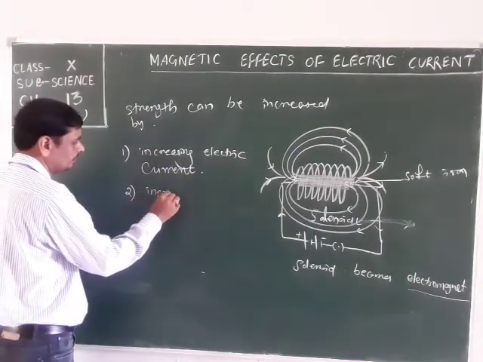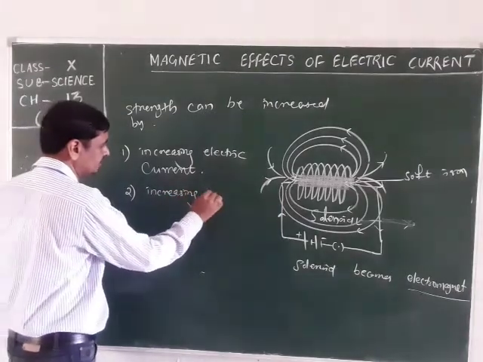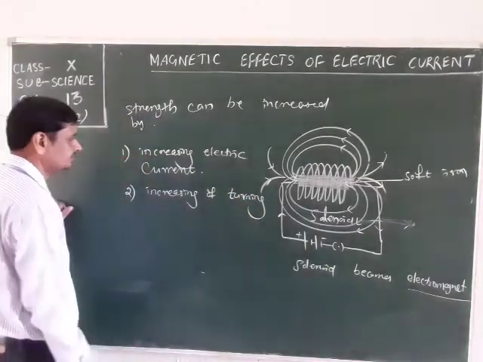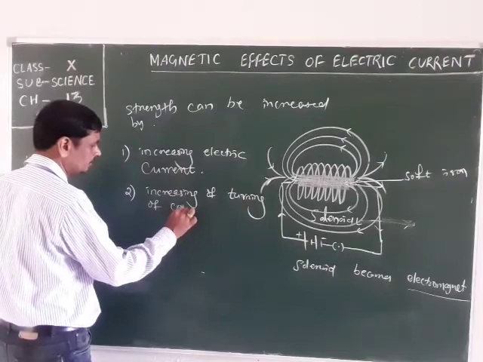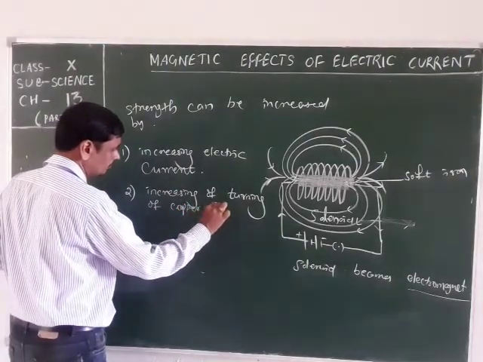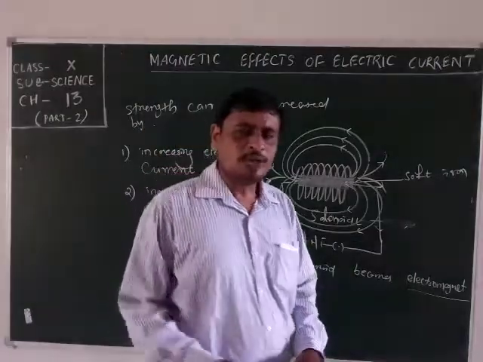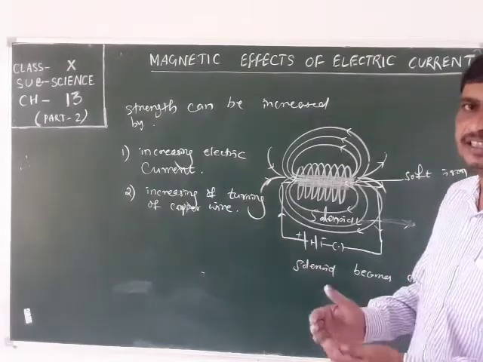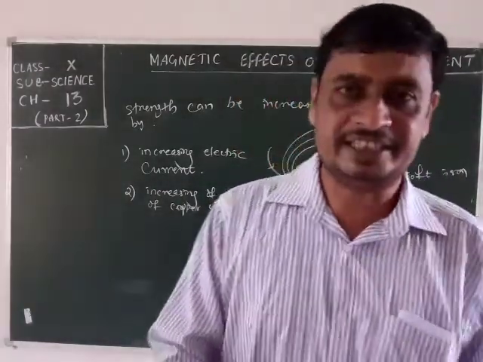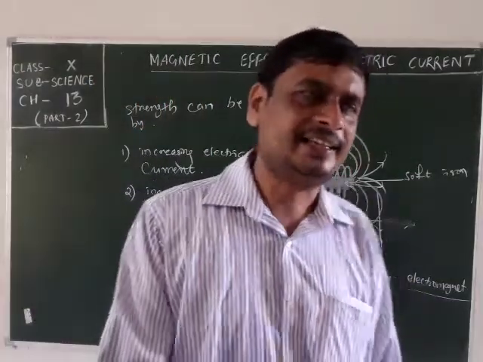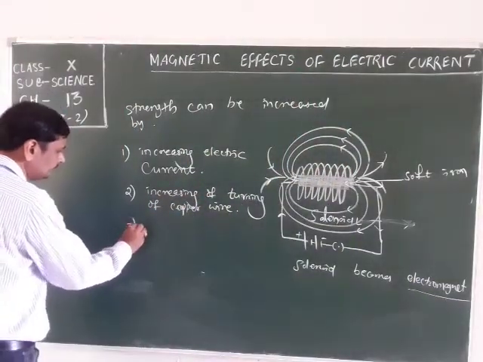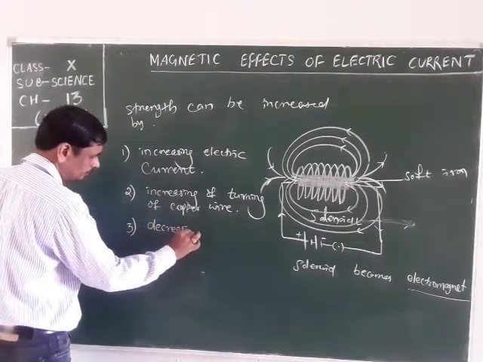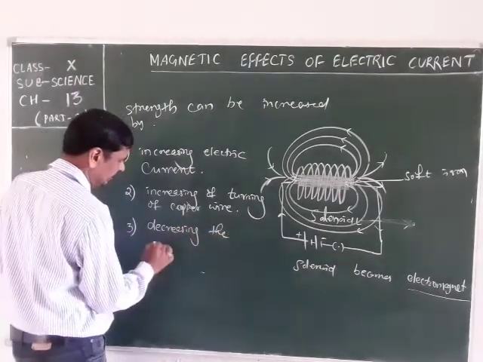If more turns are there, then the strength also increases accordingly. If the turns are increased n times, then the strength also increases by n times. Third, strength can be increased by decreasing the air gap.